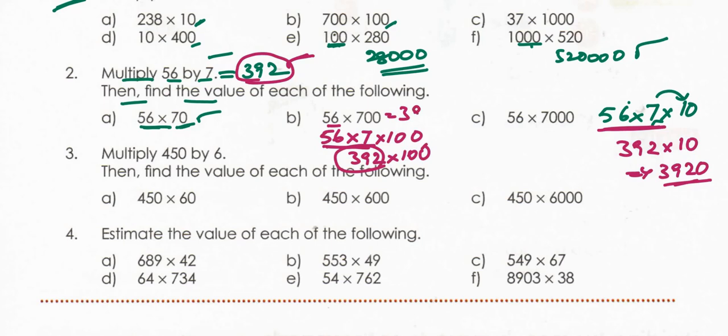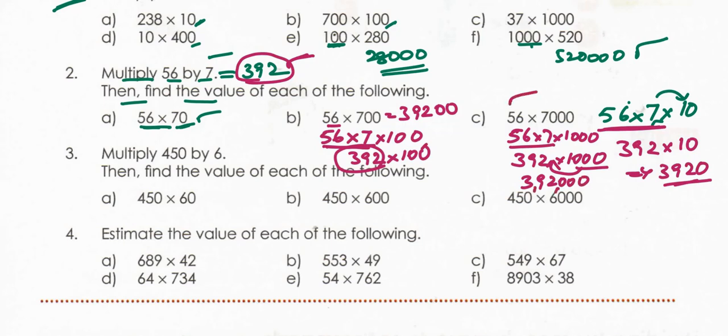It becomes how much? 392 with double zeros. Similarly here, 56 into 7000 can be written as 7 into 1000. 56 into 7 is 392 into 1000. Keep these 3 zeros beside this number. You get 392 with 3 zeros, that is 3,92,000 is your answer for this.